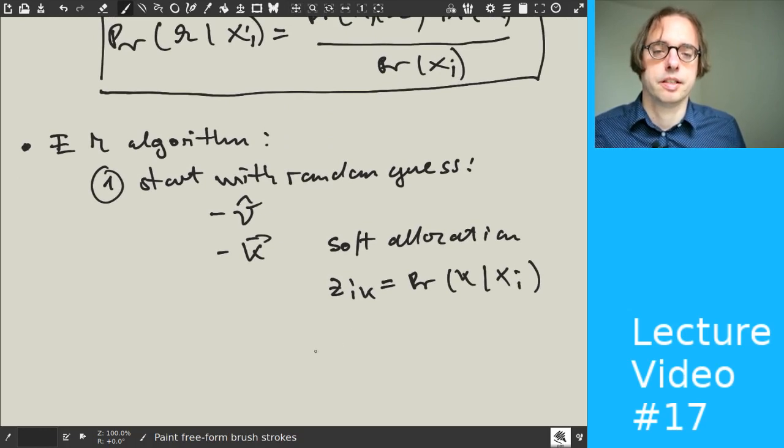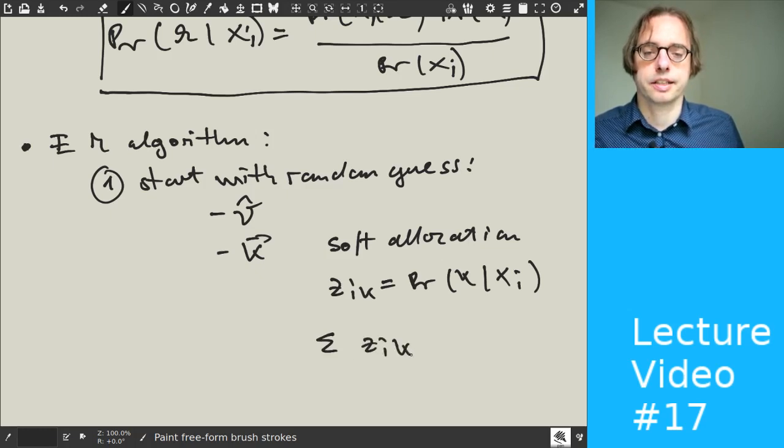So the sum over zik for all k from 1 to K is 1.